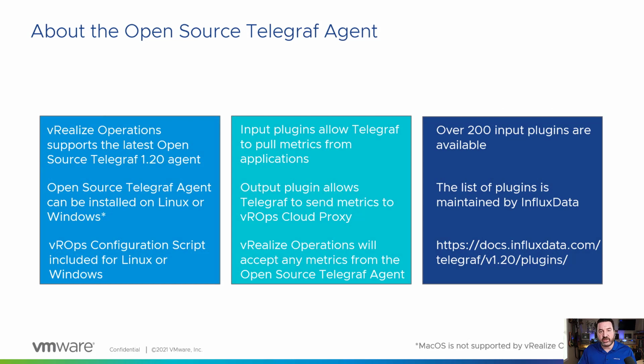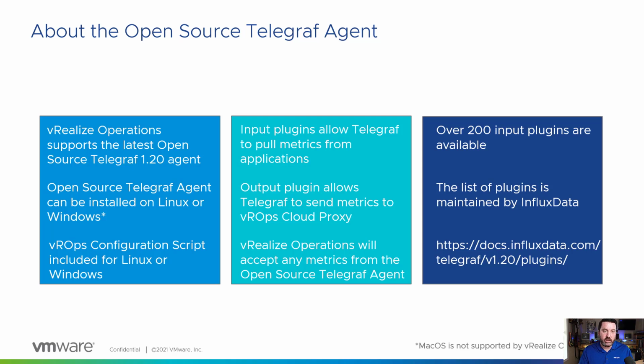Now, in vRealize Operations 8.6, we do support the latest open source Telegraf Agent, which is version 1.2. We support this running on Linux and on Windows. Now, Influx Data does provide a Mac OS agent, and while you could technically get that data into vRealize Operations, we don't support that. We're only looking at monitoring Windows and Linux OSs, so keep that in mind.